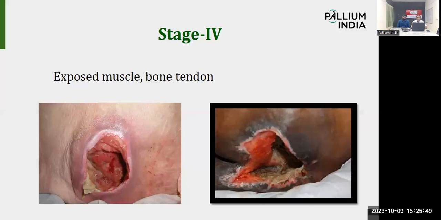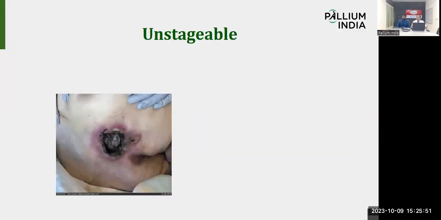Next is unstageable. That comes under the fifth stage, right? Unstageable means the wound is covered with a scar or dead tissue. Once you remove that dead tissue, only then will you be able to know whether it is a 4th stage or a 3rd stage. Most probably when you remove the scar, it is mainly a 4th stage.